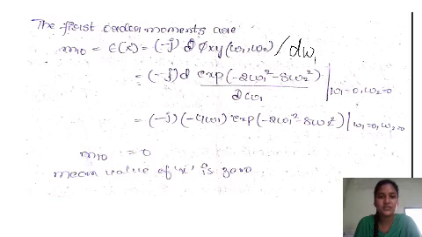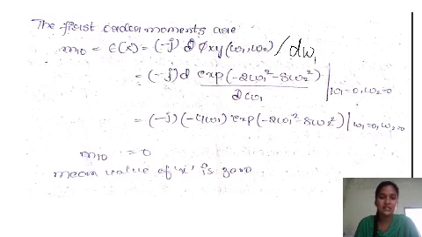So Φxy(ω1, ω2) is given in the question. So minus j into ∂ by ∂ω1 of the expectation of e^(minus 2ω1² minus 8ω2²), where ω1 and ω2 are equal to 0. Now we need to differentiate with respect to ω1.